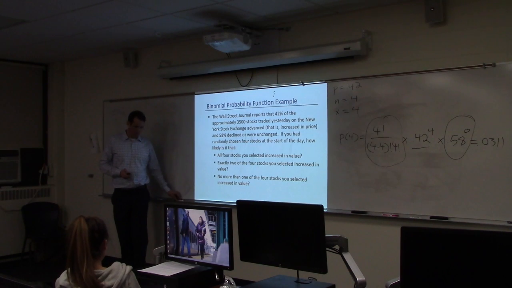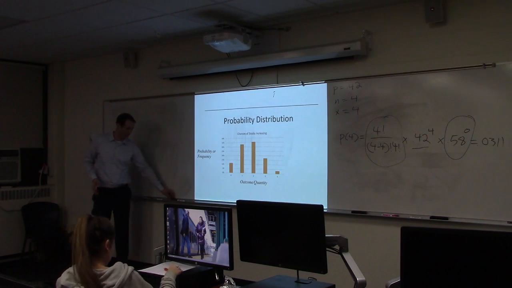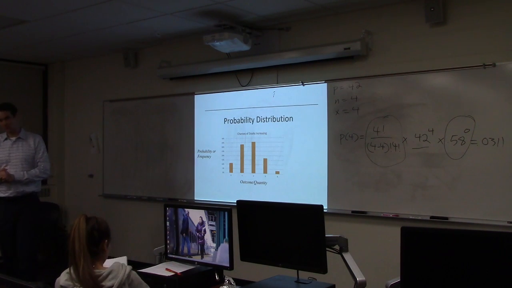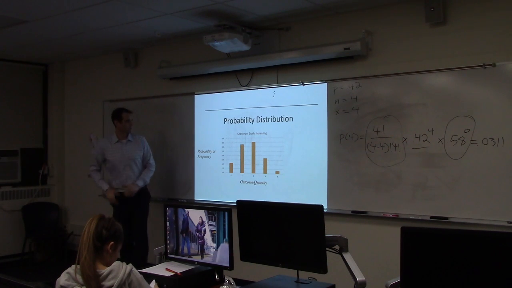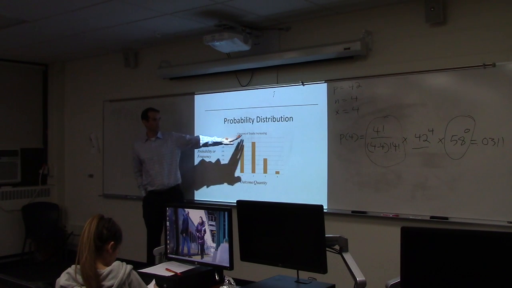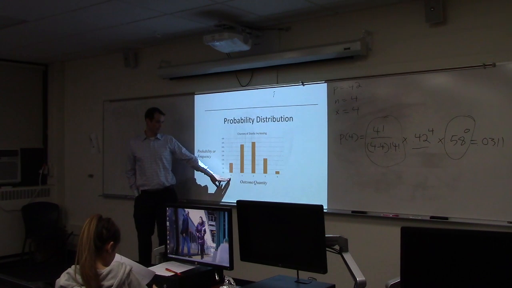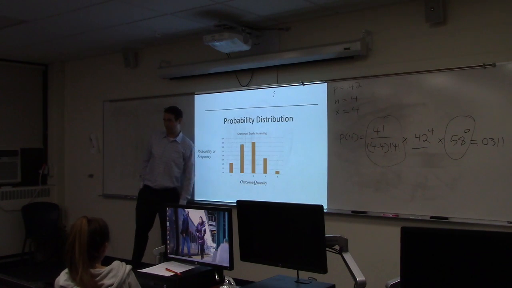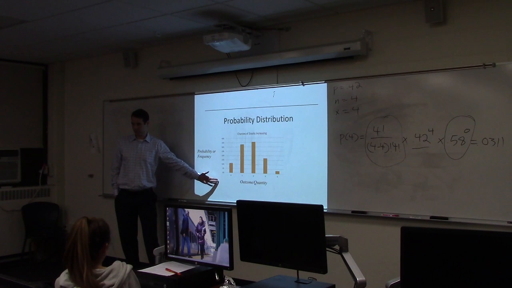All right, so I'm gonna talk about this next slide, and then we're gonna take a break. This can be graphed in our first probability distribution. So this graph shows the chances of 0 stocks increasing, 1, 2, 3, or 4 of those stocks increasing, each with a certain percent likelihood.